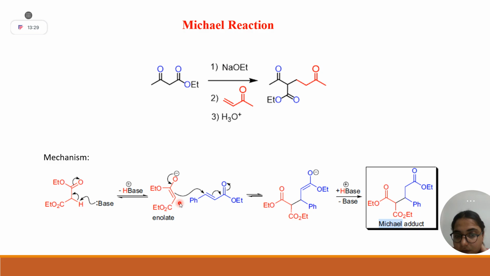This enolate oxygen will come back and do 1 4 attack. And after 1 4 attack, in workup, this oxygen lone pair will come back and will form this ester again. And you will get this product. I hope the mechanism is clear. You can write in your copy, then you will have a better understanding of this. Understood?